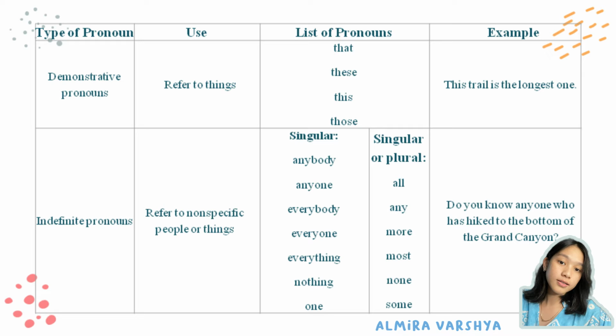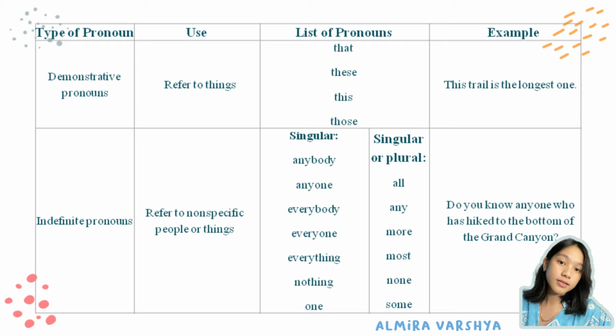The first one is demonstrative. Refer to things. List of pronouns: that, this, those. And for the example: this trail is the longest one. The second one is indefinite pronouns, used to refer to non-specific people or things.